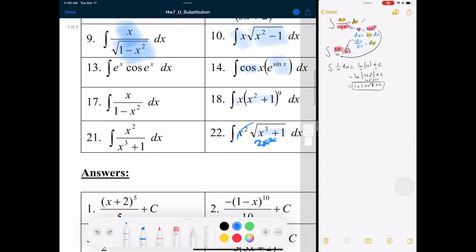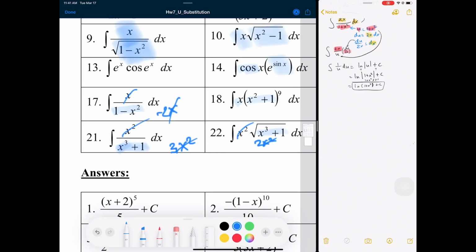Looking here at the x cubed plus 1, that's just going to be 3x squared. And this x squared divides out with this x squared. What happens over here? The derivative of 1 minus x squared is negative 2x. And this x gets rid of this x.